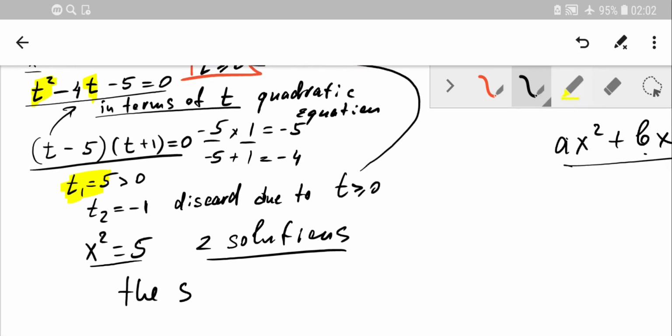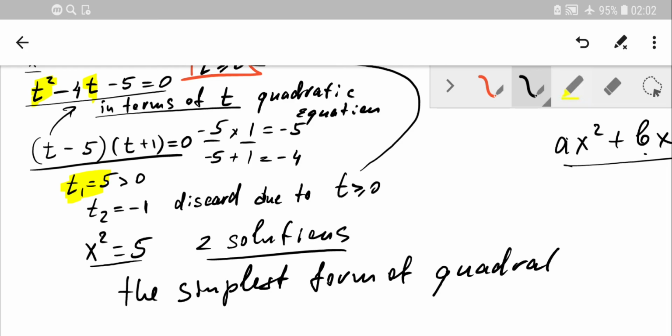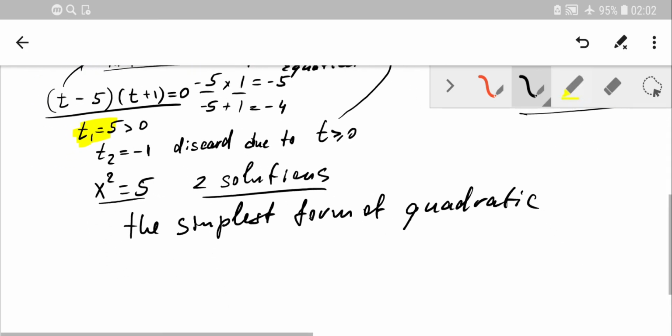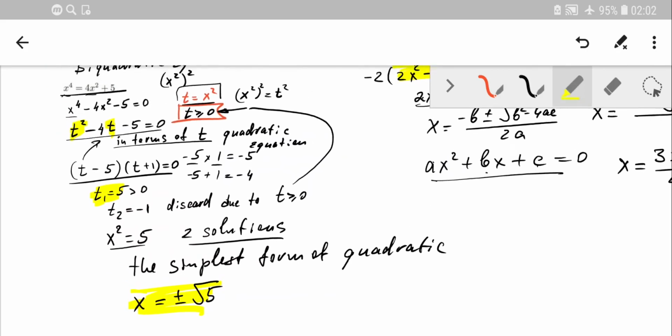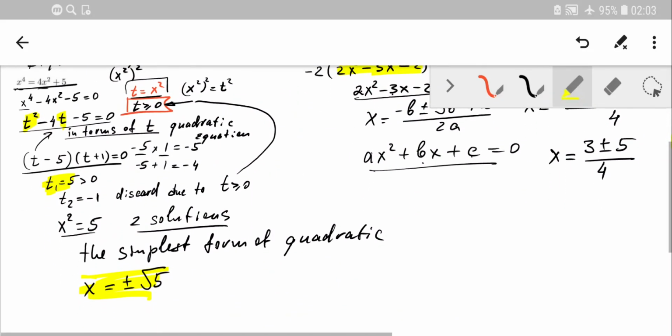So simply taking that x is equal to plus minus square root of 5, and that's 2 solutions here.